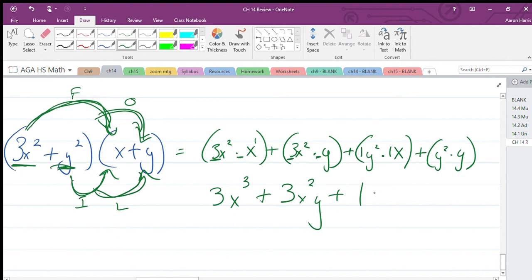Y squared times x, I get xy squared, put it in alphabetical order. Plus 1 times 1, so I get plus 1, 2, y squared times y, that is 2 plus 1, so I get y cubed. Now, usually do we write these ones out here? No, but I need to make sure you understand it's constant times constant. So there is a 1 there, okay? It's in alphabetical order, so I'm good to go.